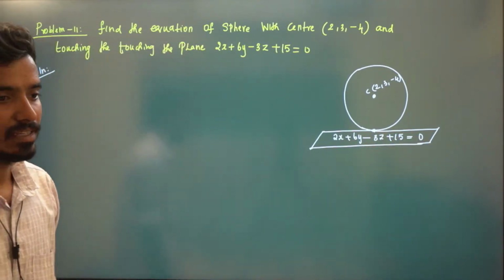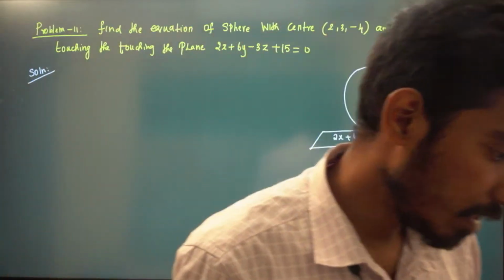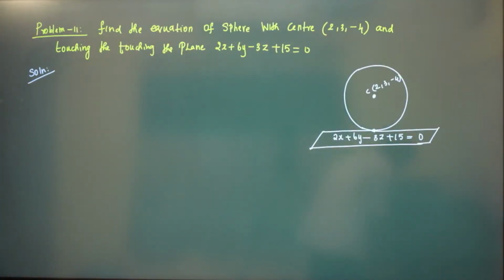See, how to find radius? I'm waiting for your comment. This sphere is touching this plane. If I know center and radius, I can find the equation of sphere in central form. We know the center here. How to find radius?